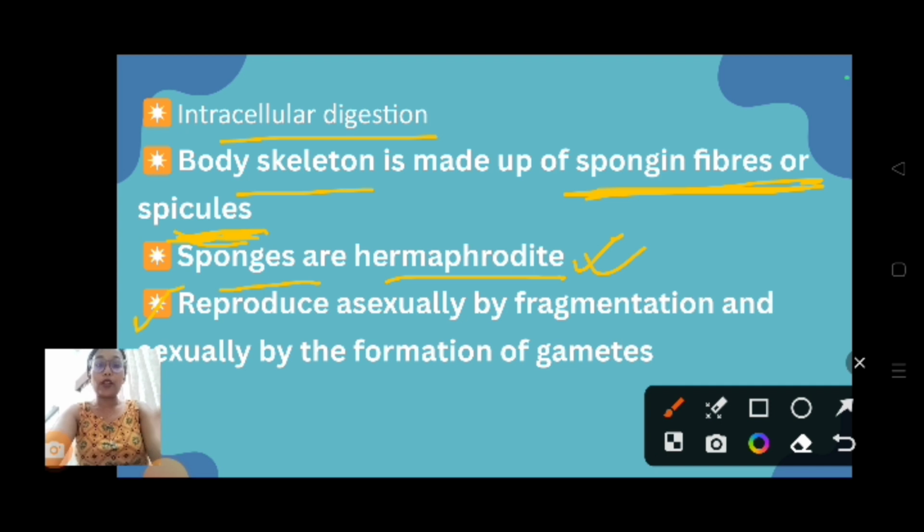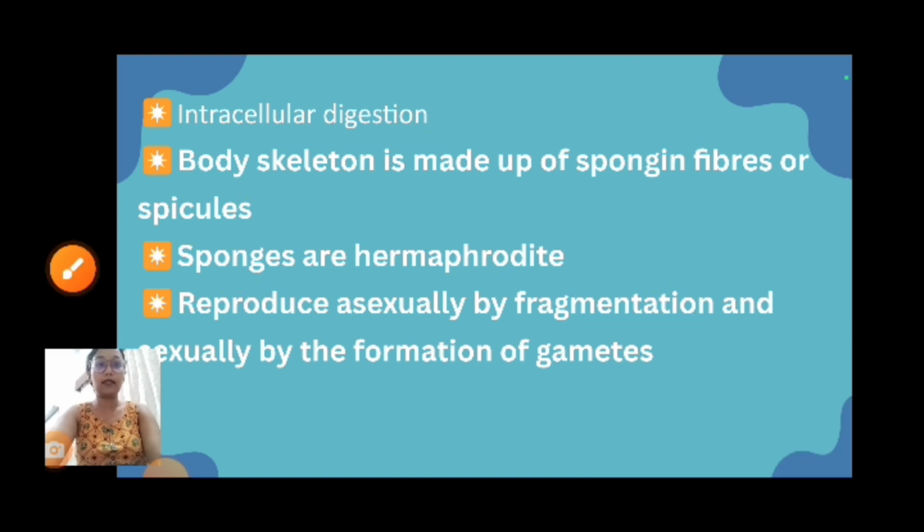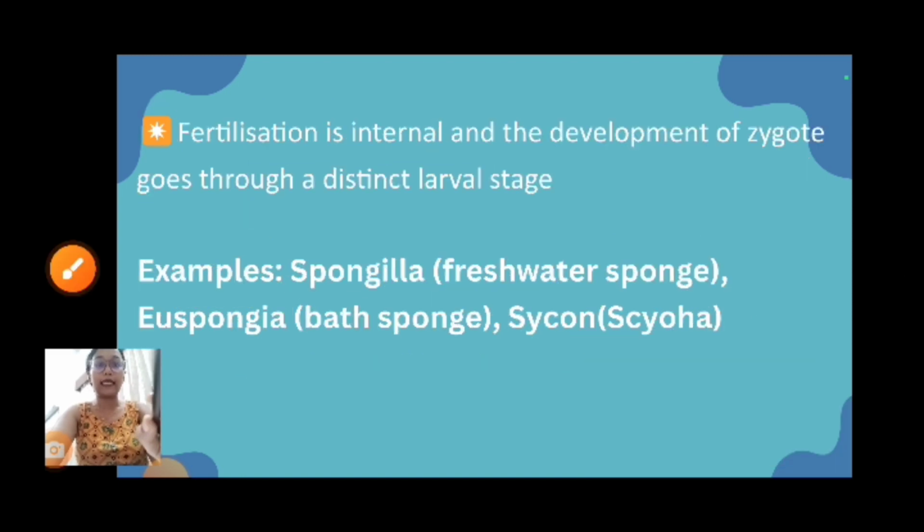Then the mode of reproduction: asexual reproduction is through fragmentation, and sexual reproduction is through the formation of gametes. Is it clear?